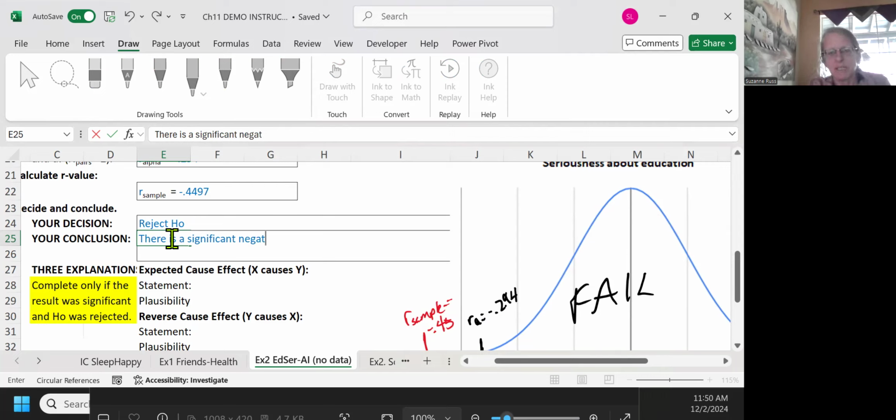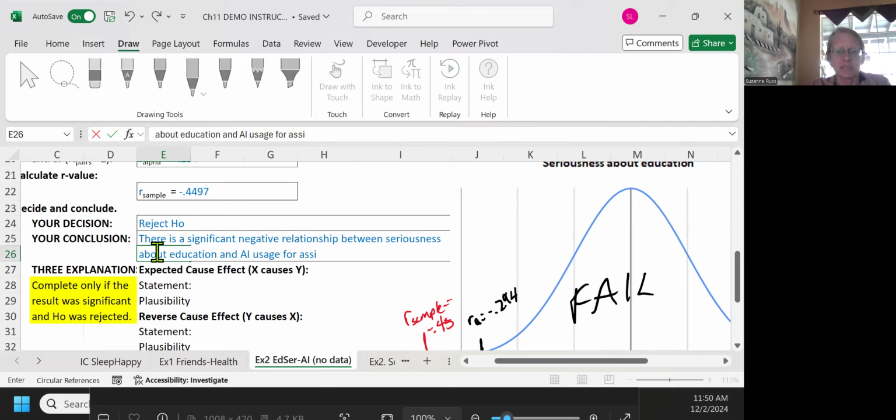So to be clear, I'm going to just make sure and state this as negative so our readers know, between seriousness about education and AI usage for assignments.